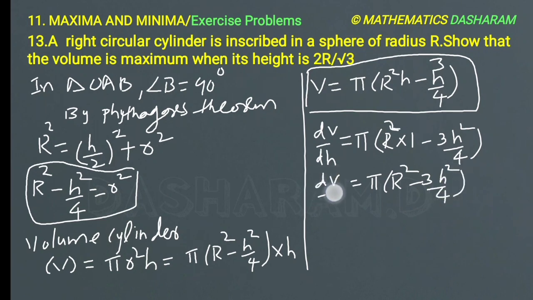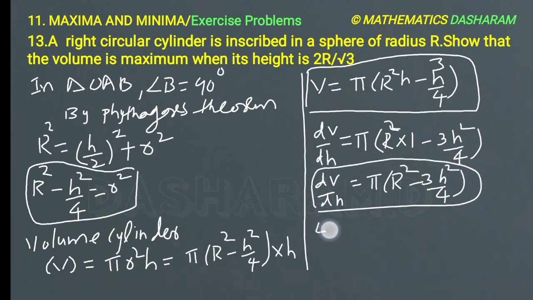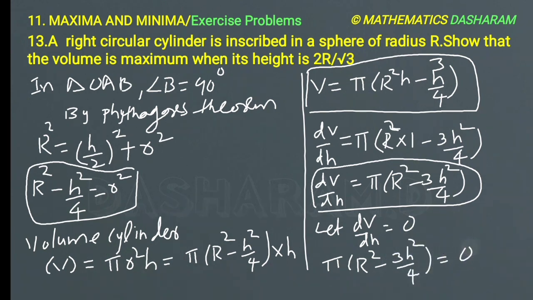This is dV by dh. Now let dV by dh equal 0.